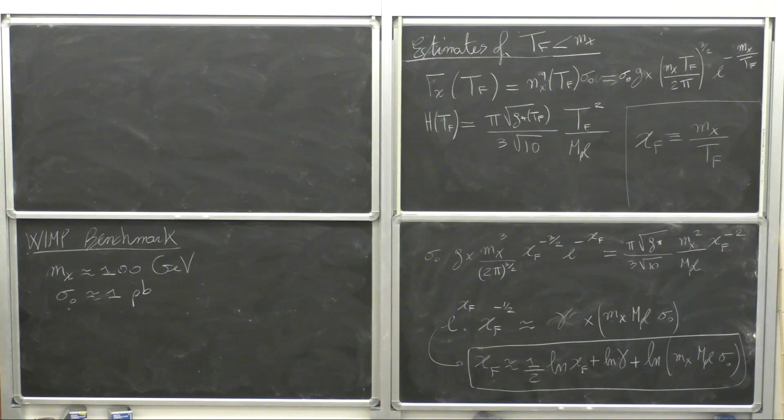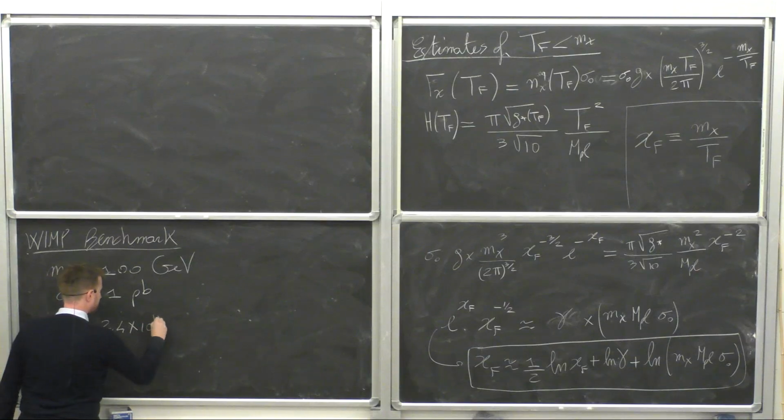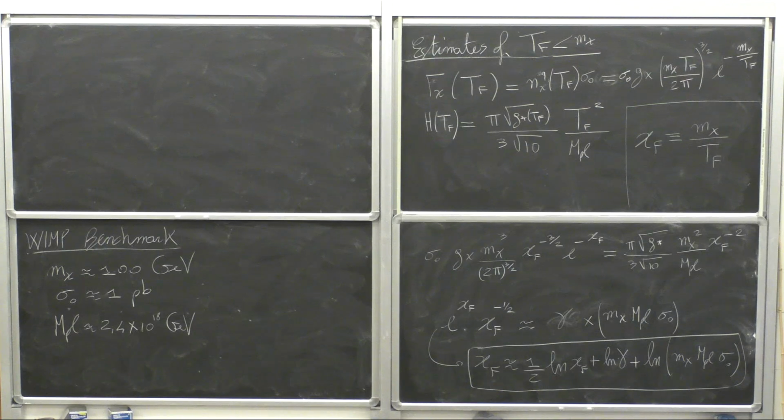Now M Planck, we saw it this morning, is 10 to the 18 GeV. This combination, this times this times this, is dimensionless. It's the argument of a log, so it had better be dimensionless. But to make it dimensionless, I need to remember what a picobarn is and how to do the conversion.